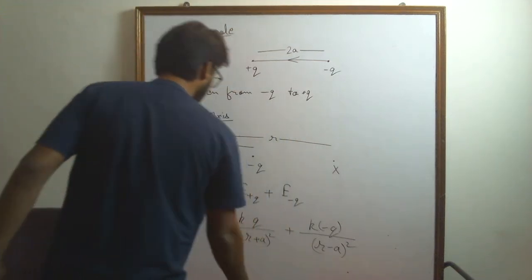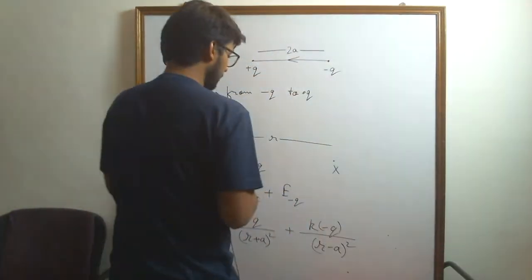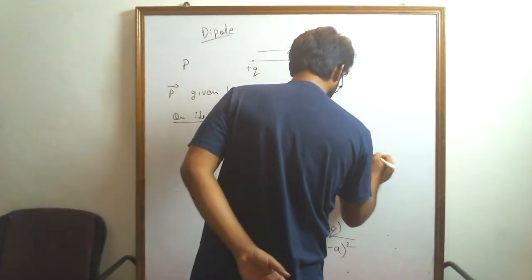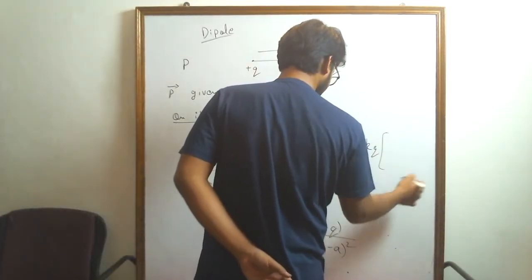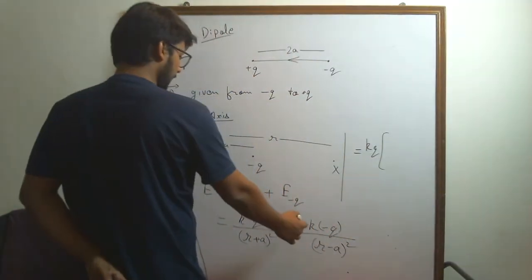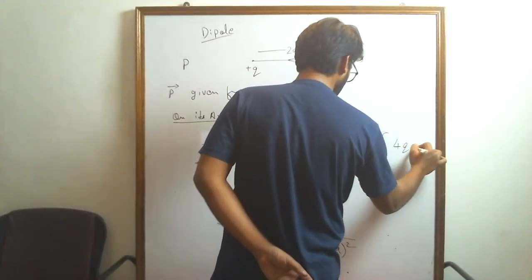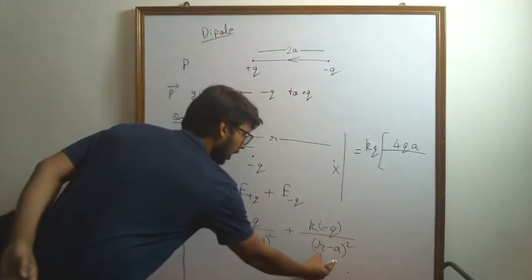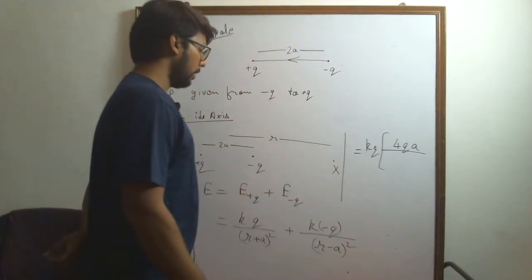So now I just have to simplify this quickly. I'll do it over here. When I simplify it, I will have to take kq common. As I take kq common, the numerator becomes 4ra, and below it will become (r minus a) into (r plus a) whole square.